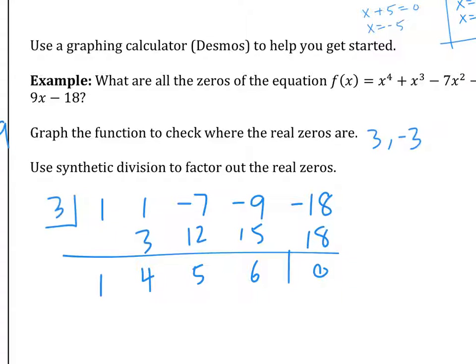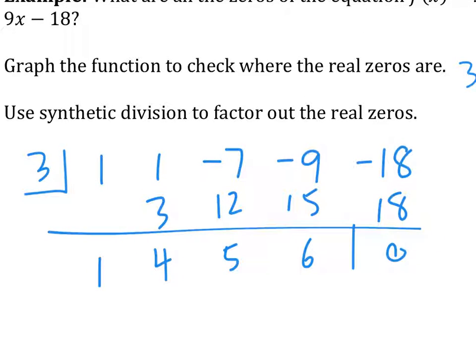Okay, so I used synthetic division and divided out 3. Now the graph tells us that negative 3 is also in there. Again, don't go back to the beginning, because then you didn't really take out zeros. You just went backwards. You want to start where you left off and then take out minus 3.